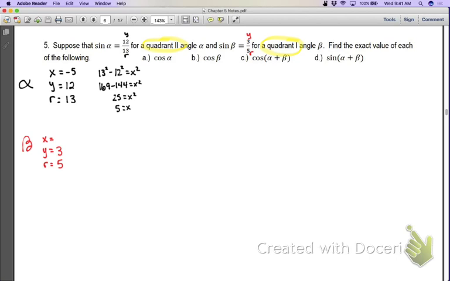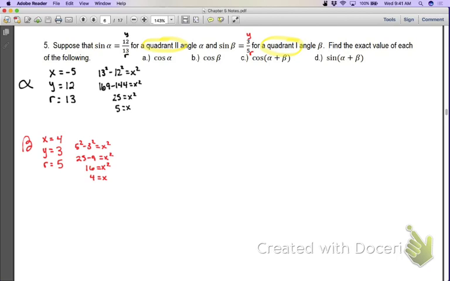Do the same thing again and take 5 squared minus 3 squared equals x squared. 25 minus 9, 16. X is equal to 4.